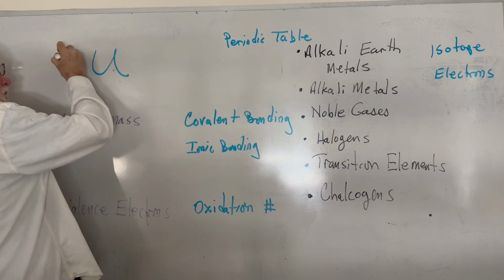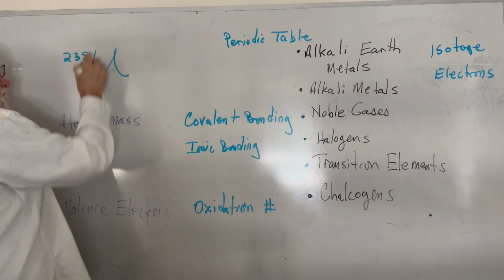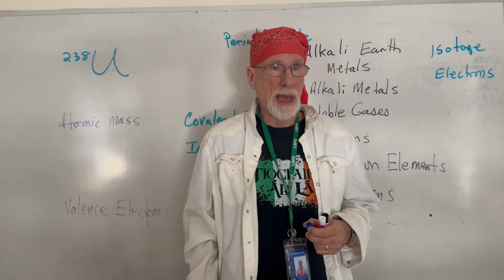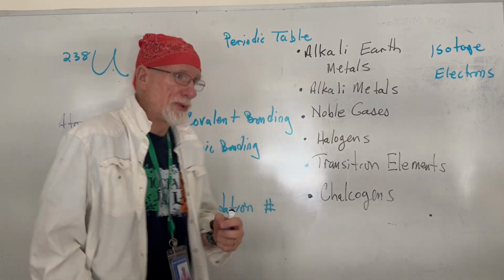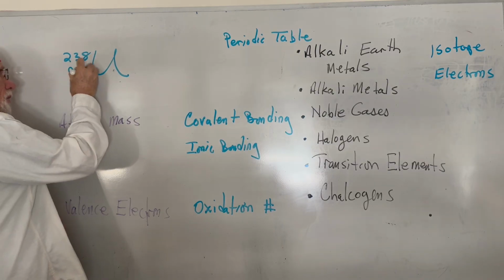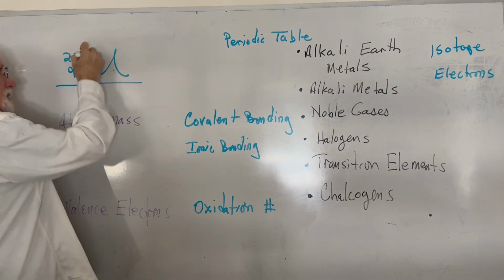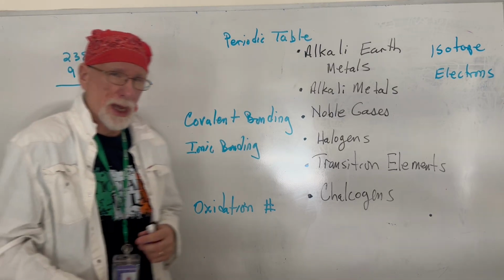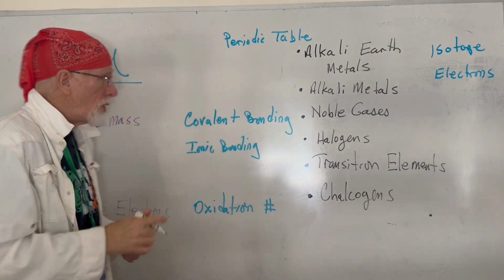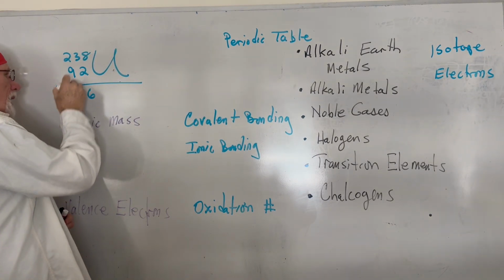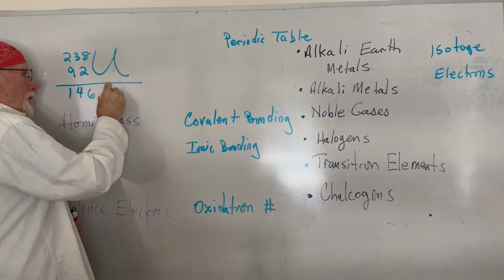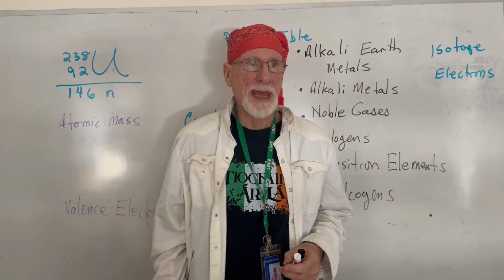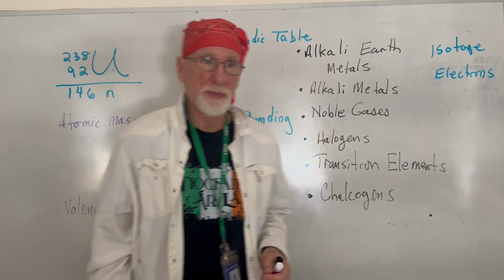Uranium 238. That's the mass number for uranium. Okay? And the atomic number of uranium is 92. And if I subtract that, it has 146 neutrons and it has 92 protons.